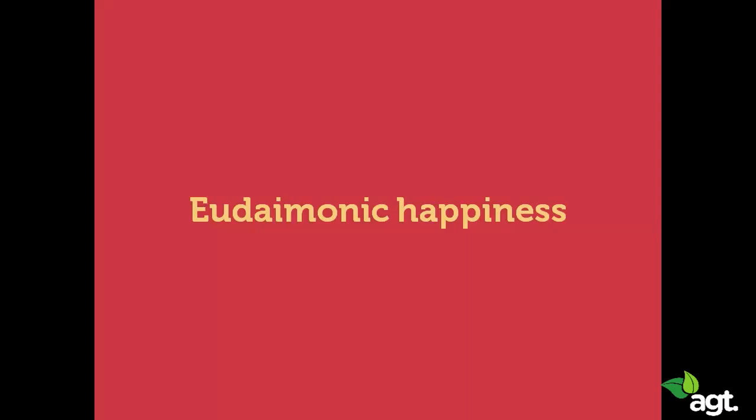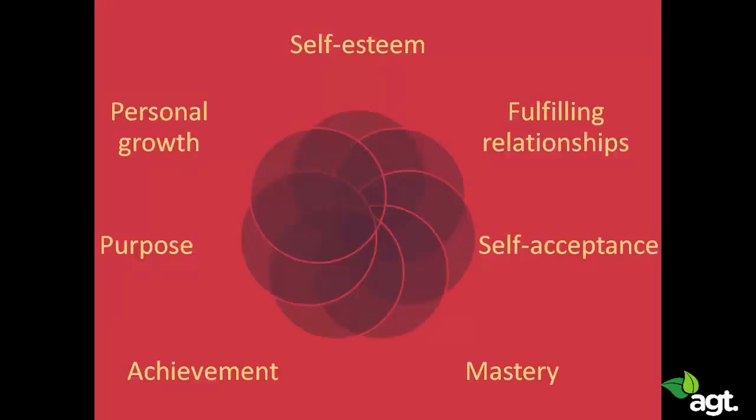It has a much wider definition and encompasses all of these areas: self-esteem, or having fulfilling relationships, accepting oneself, and mastering one's environment. Achieving, and so this definition of happiness also includes what we think success means to us. Also, having a higher meaning, a higher purpose in our lives. And last but not least, personal growth.